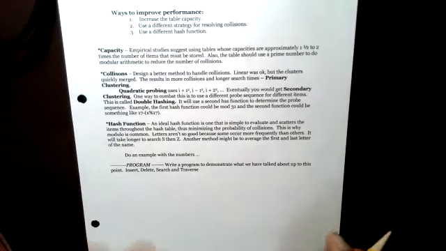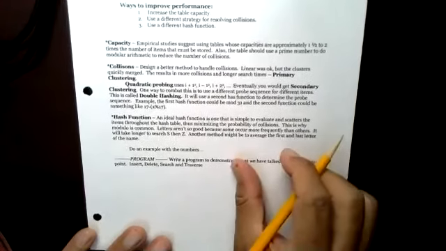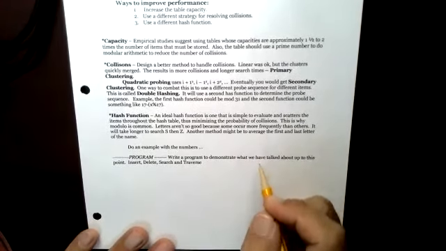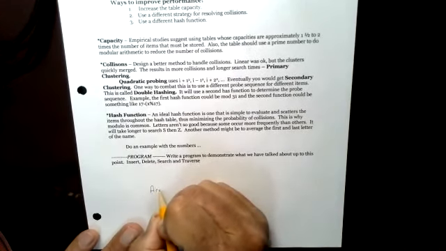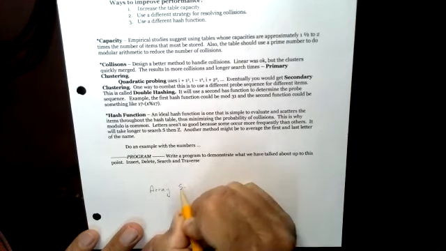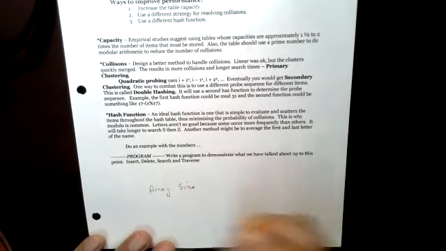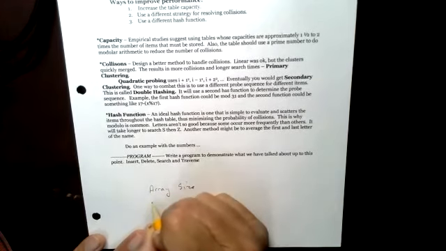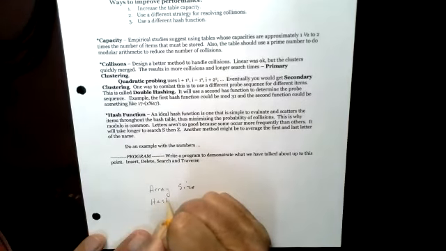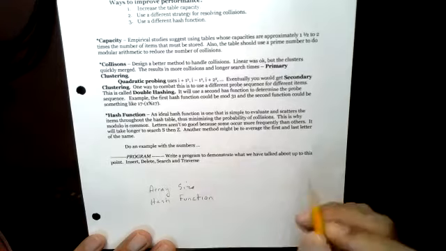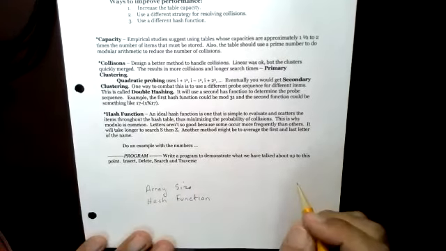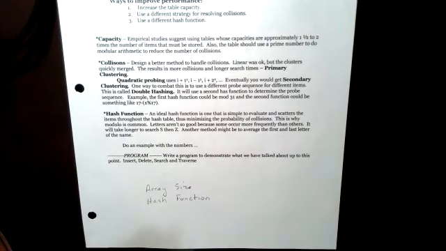We're going to be putting in numbers. How many numbers would we like to put into our array? 10? Okay. So if we're going to be putting in about 10 numbers, we should have an array size of what? 15 to 20.